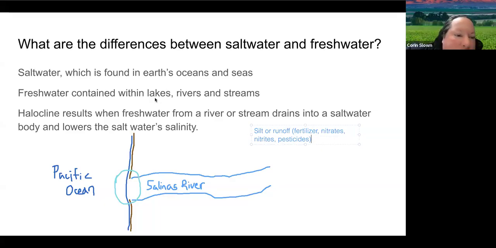And then if we think about our Pacific Ocean, right, we've just spent time last week thinking about the ions that are present.